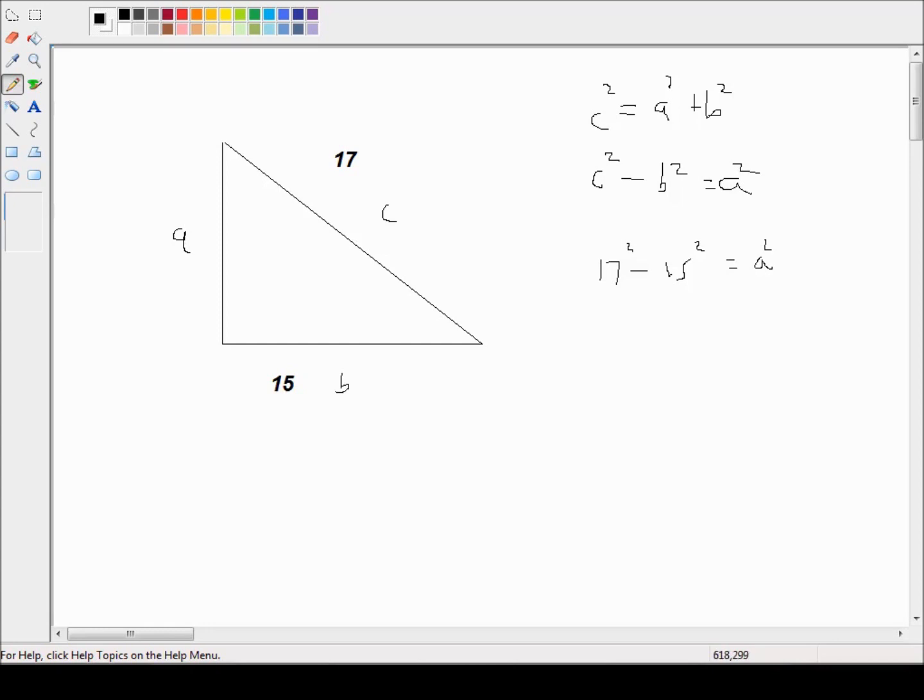Okay, so 17 squared, let's just do a bit of long multiplication. 17 times 17. 7 times 7 is 49. 7 times 1 is 7, plus 4 is 11.